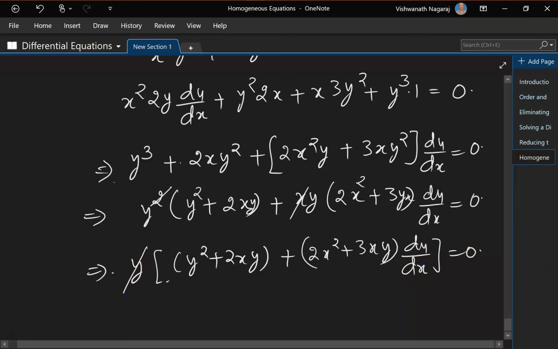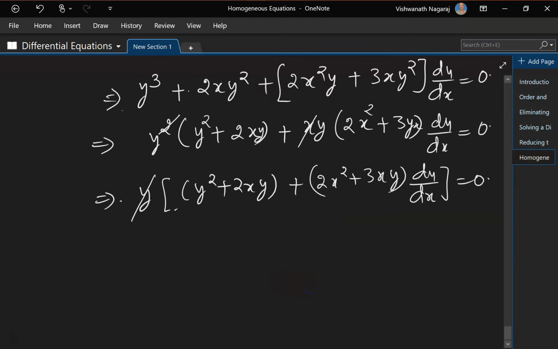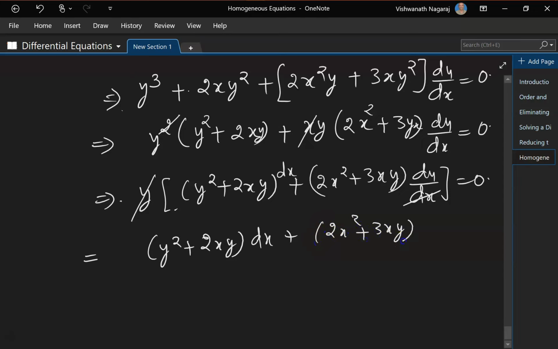This y will get cancelled when we take it to the other side, and now we need to rearrange this dx. So what we can do is just take this dx, cancel and put it here. In between you can just move it around, left side, right side. You will end up with this. So we have (y square plus 2xy) dx plus (2x square plus 3xy) dy equal to 0.